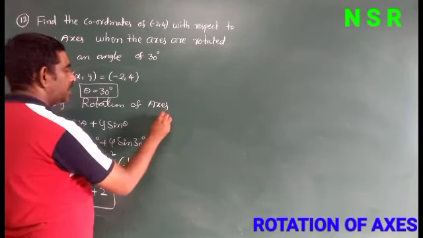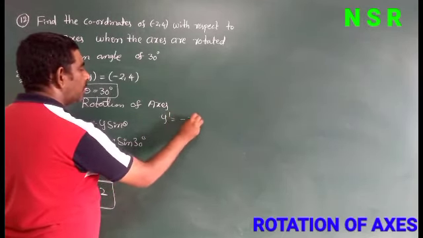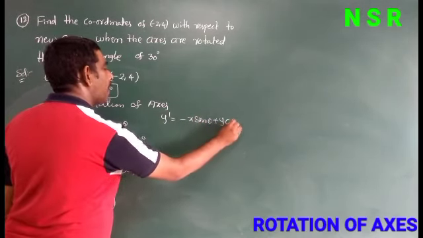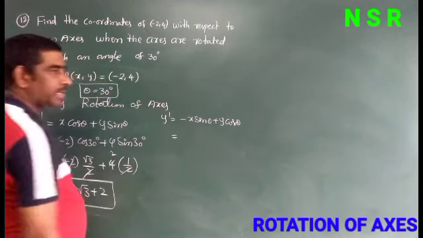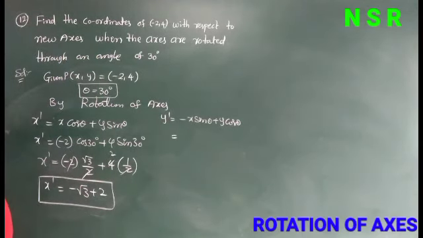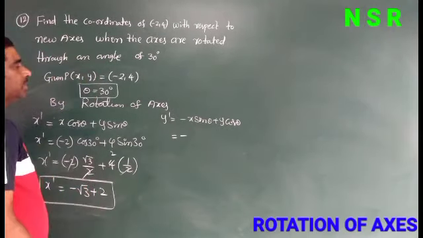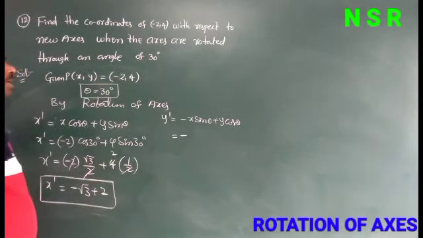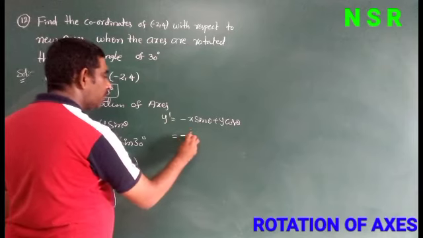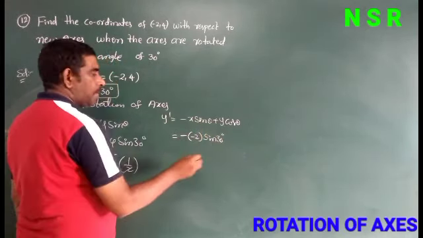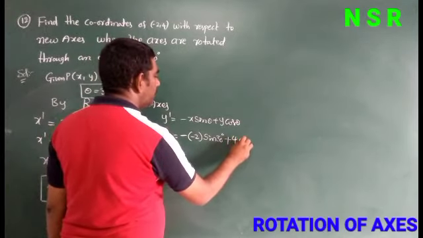Next, write the y' formula: y' = −x sin θ + y cos θ. So minus x, with x already −2, so minus of minus 2 into sin 30 plus 4 into cos 30.